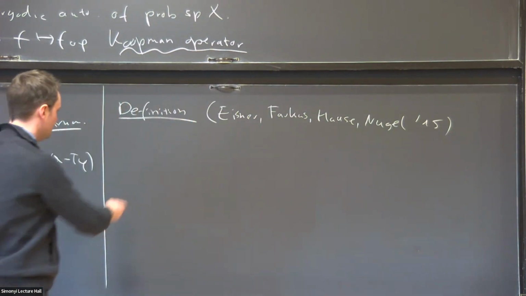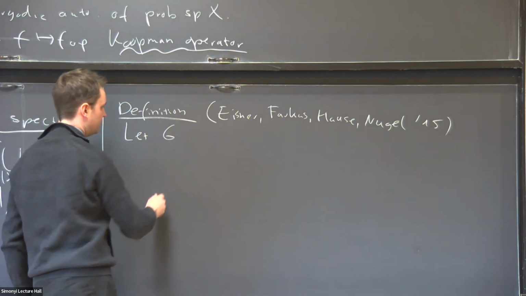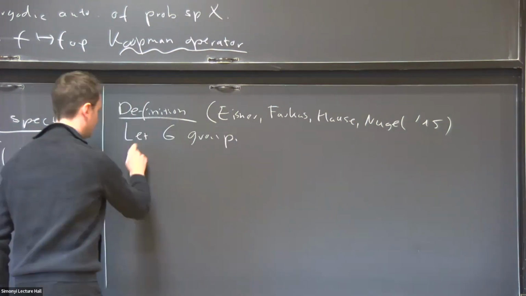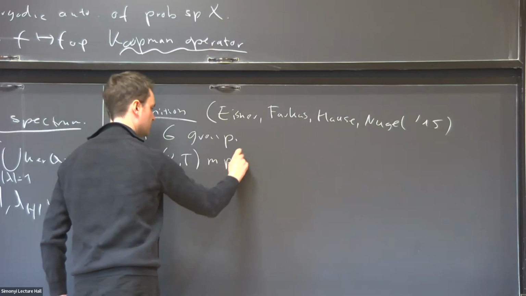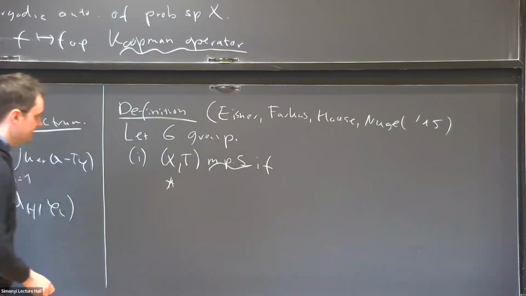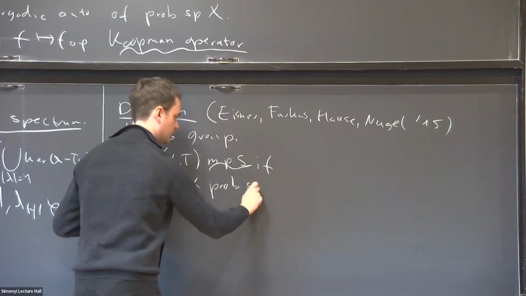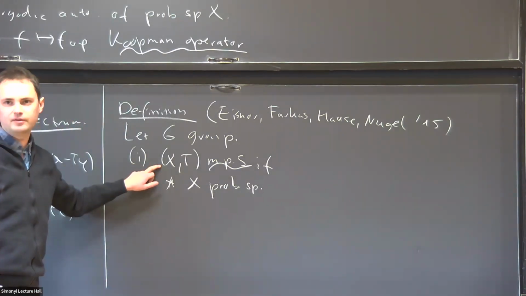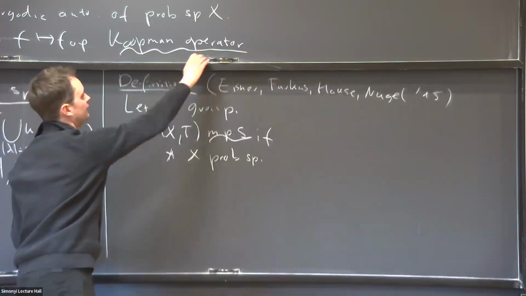And what is the definition? So we take now an arbitrary group G, and we say that a pair (X, T) is a measure-preserving system if X is a probability space, but now G no longer acts directly on X, but rather by operators on the space L2 of X. So there's a difference now.